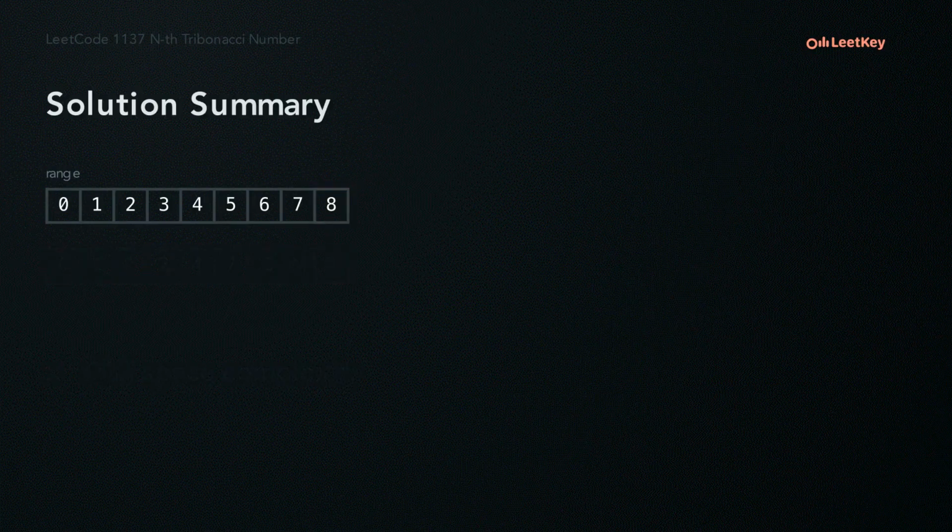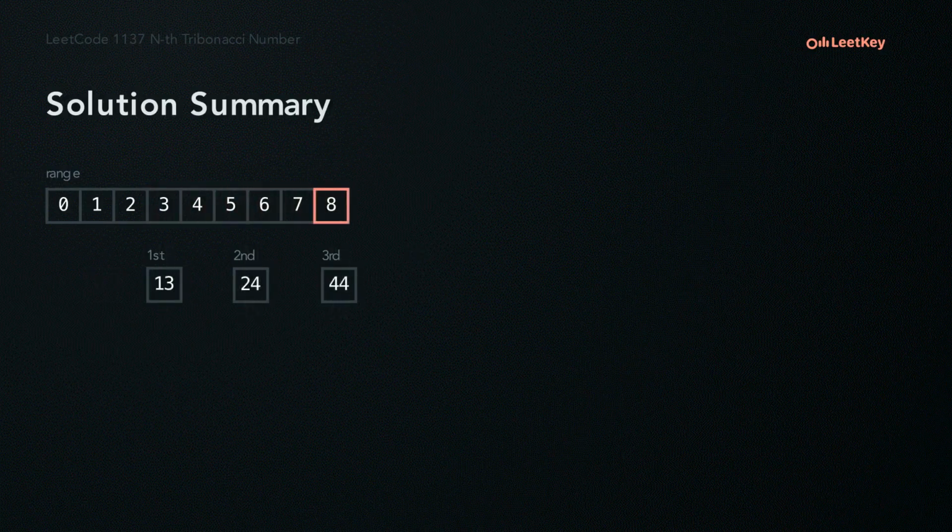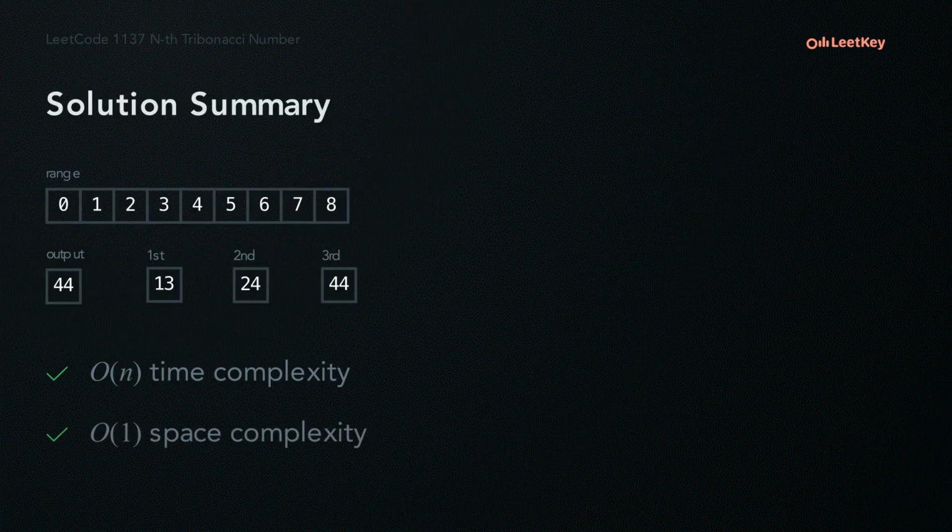A more optimal solution is to keep track of the last 3 values of the sequence and to add the values to update the sequence as we count up to the final value at n, which we return as our output. This provides both linear time complexity and static space complexity.